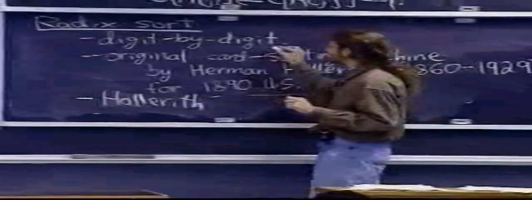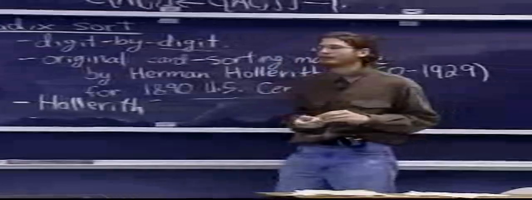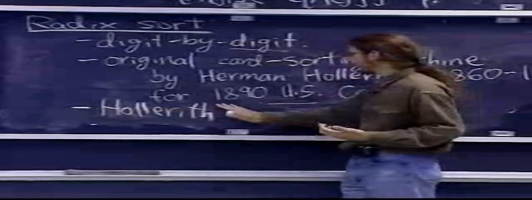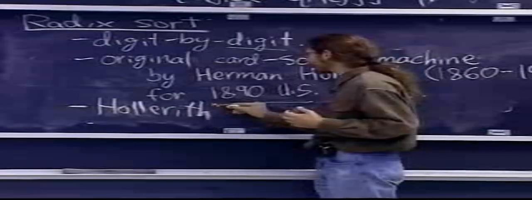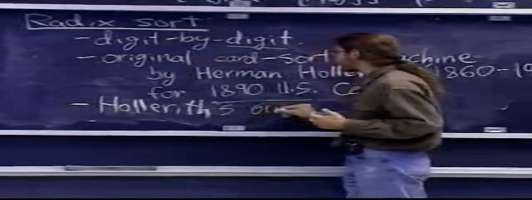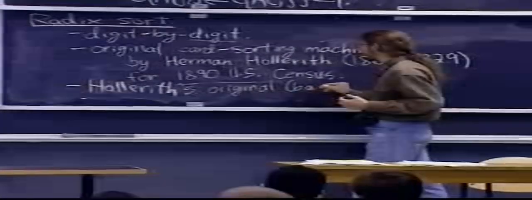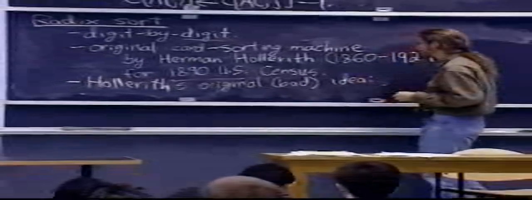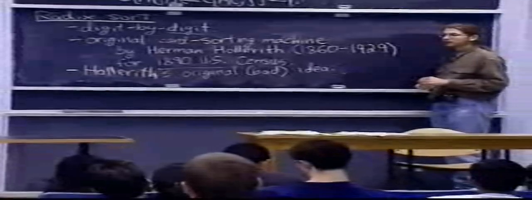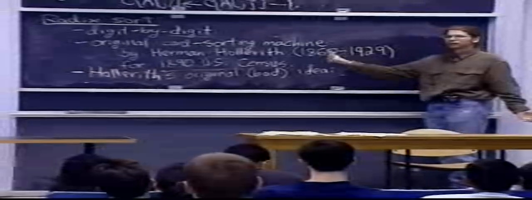The tricky part is you could only sort one digit at a time. So now the question is, how do you sort your whole number? If you have, I don't know, a 4-digit number, how should you sort it? And the natural thing to do, and this was what Hollerith wrote in his patent, is you sort by the most important number first.